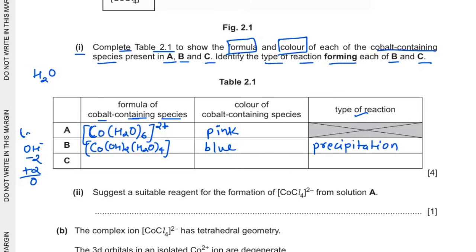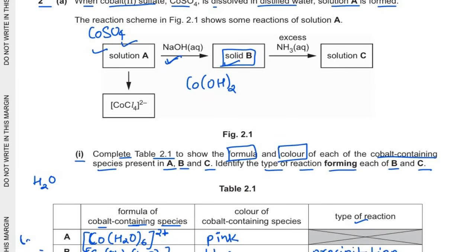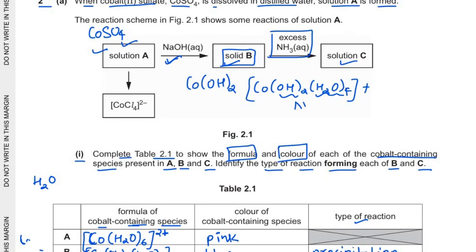Okay, now let's understand how solution C is formed. Solution C is formed by adding excess of ammonia. Now here we have already got a species with this formula, and if you add excess of ammonia into this, then all the ligands are going to get replaced by ammonia, and that will be again 6 times.